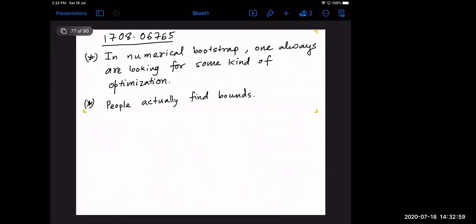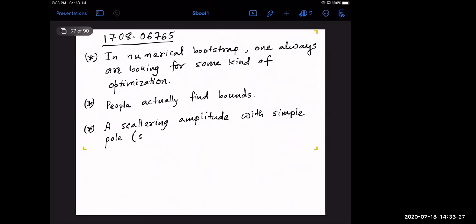A problem that they considered was a scattering amplitude with a simple pole, that means a single bound state of mass mb.